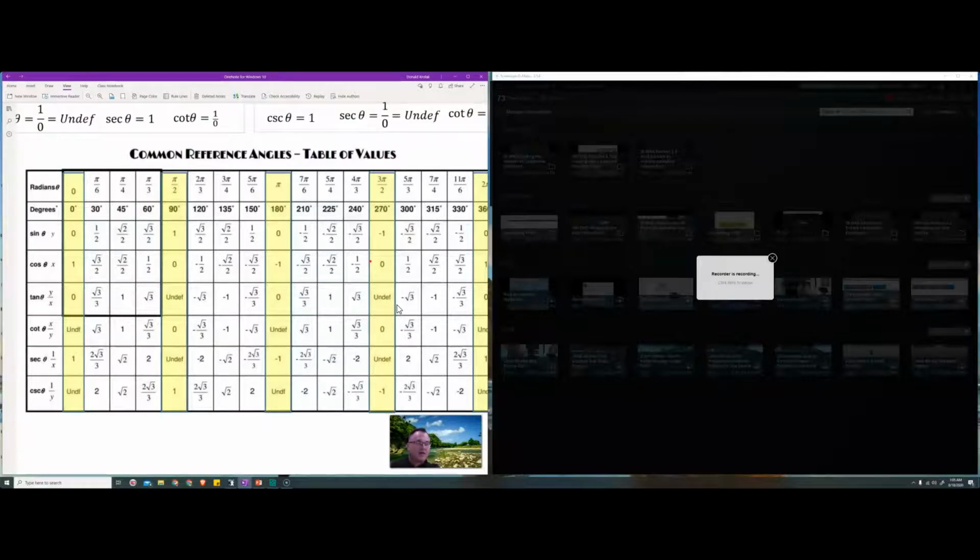Y over x, this would be -1 over 0, undefined. This would be 0 over -1, which is okay. 1 over the x, that would be 1 over 0, no good. And when I flip -1, it stays -1.